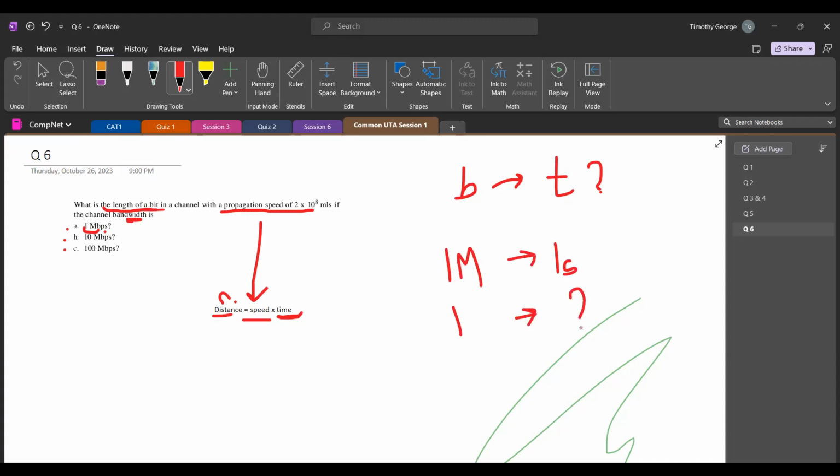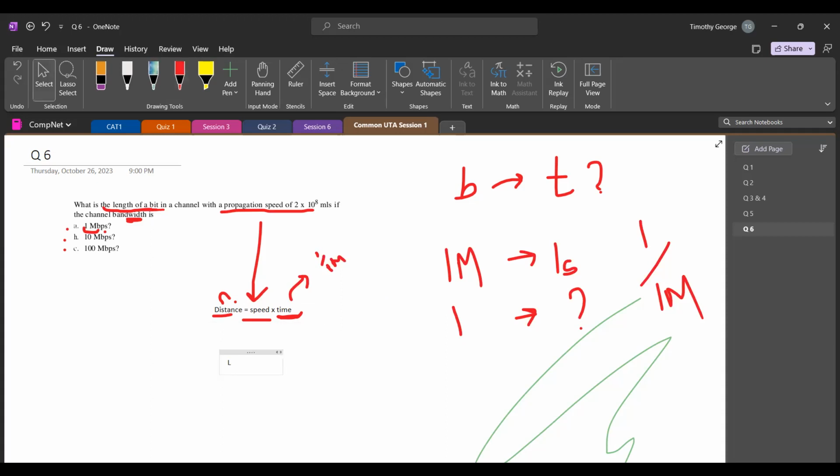This is an easy way to find out. It's actually 1 by 1 million. So the time is 1 by 1 million. Right. So now you have everything that you need to solve the problem.